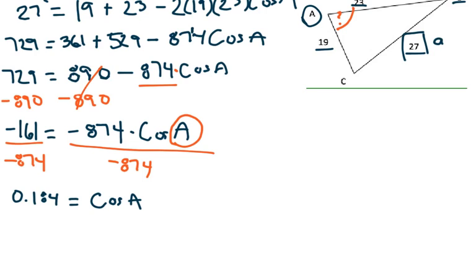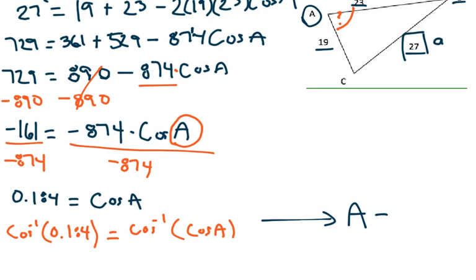If I do cosine to the negative 1 of both sides, that will cancel out the cosine and leave me with just angle A. So I'm going to do cosine to the negative 1 of 0.184, and that's going to equal cosine to the negative 1 of cosine of A. And that leaves me with just angle A being equal to cosine to the negative 1 of this guy.